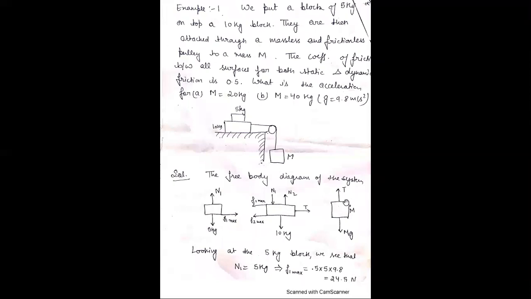Now the equation of motion for the hanging mass M naught: M naught g minus T is equal to M naught a1 maximum, and the value of M naught is T upon (g minus a1 maximum), which is equal to 30 kilogram.